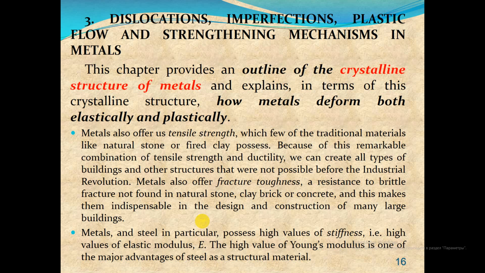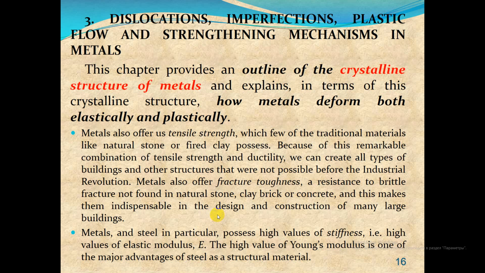By controlling the number, size and type of these defects, the strength and ductility of metals can be controlled to meet the requirements of many design situations. The presence of these crystal defects also influences in a major way the final failure and fracture of metals.